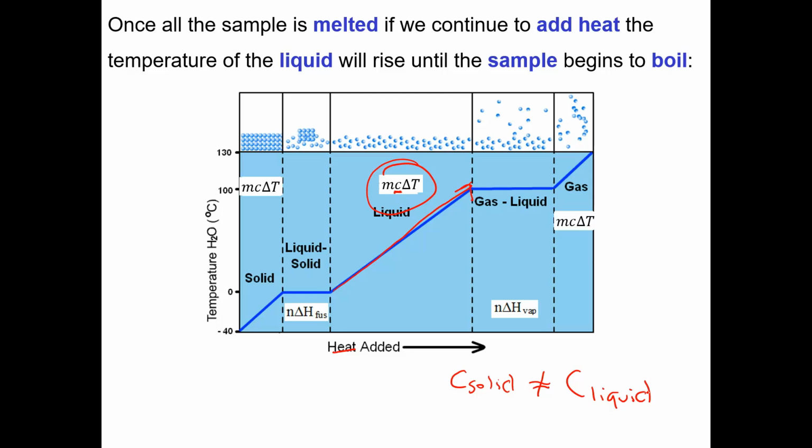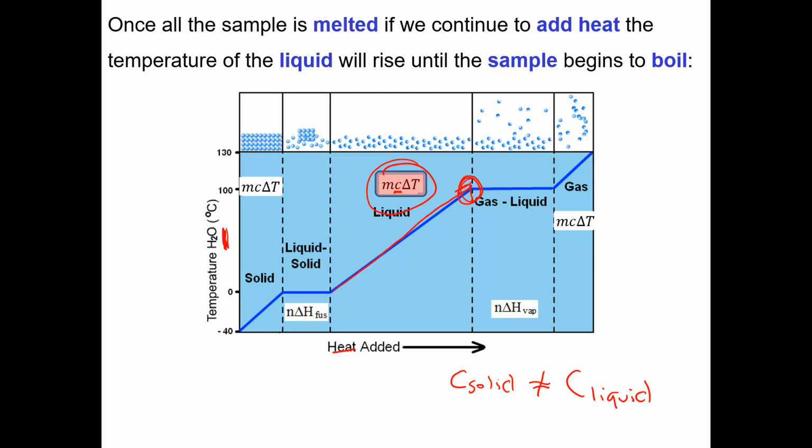That is definitely true for water. In fact, I don't know of any substances where that is not true. Now, once we've added enough heat, we're going to hit the boiling point and the sample will begin to boil.